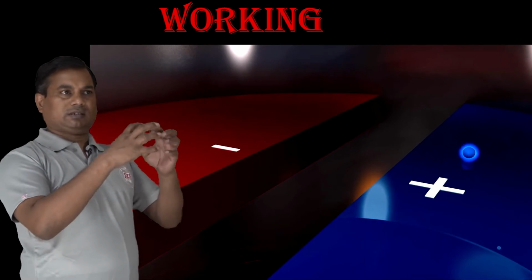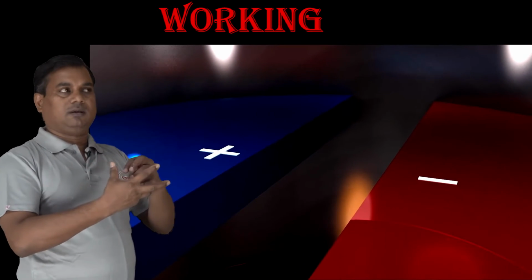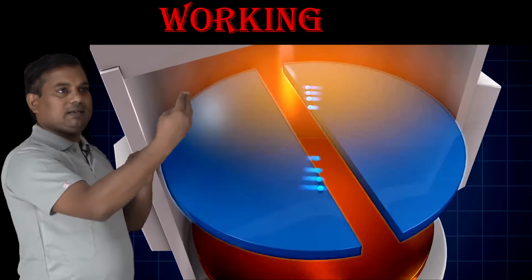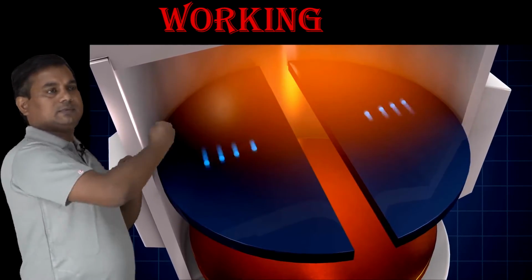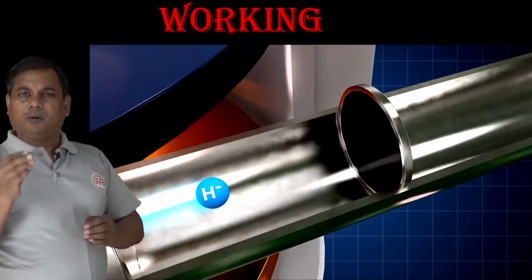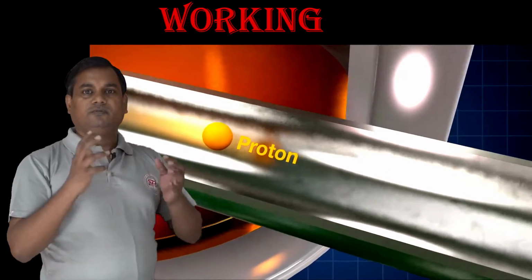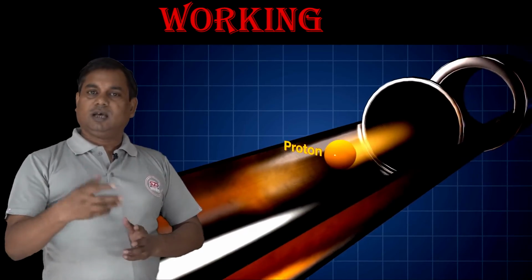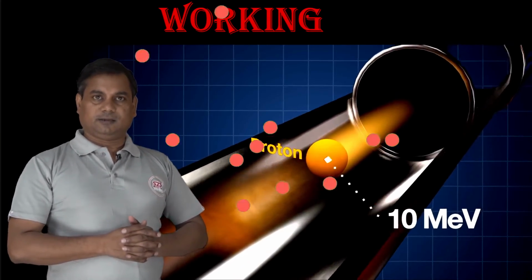This combination of processes will increase its radius and speed many times, and finally it will come out from the exit port with very high speed or velocity and very high energy.